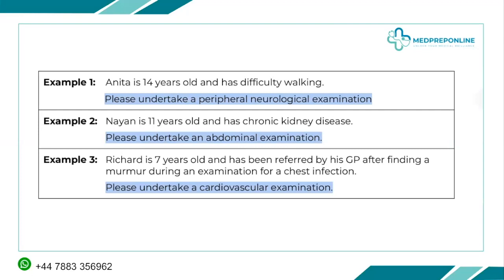The examiner will say: please undertake a cardiovascular examination. Usually the opening statement is very clear, but you have to listen actively, because in the stress of the exam, these things can be missed and misunderstood.